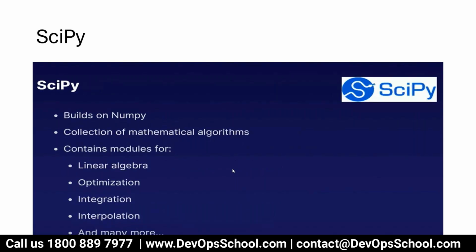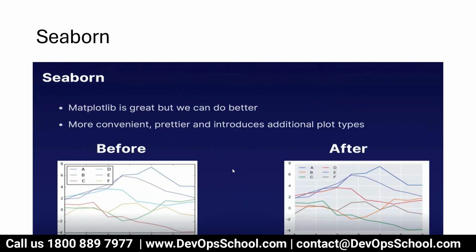SciPy is another library built on NumPy, and it has a collection of all the mathematical algorithms. Whatever you see, like linear algebra, optimization, integration, and interpolation, all the math-related libraries you can find here.